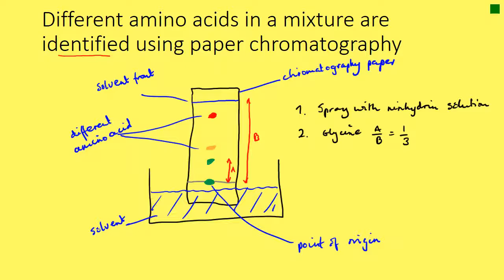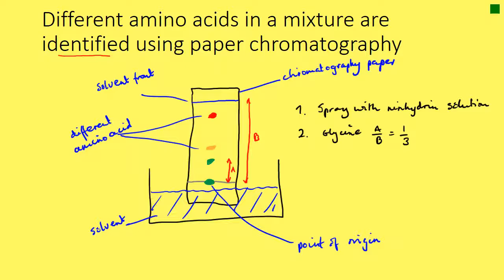So some amino acids are pretty sticky, and they stick to the paper, and they travel up the paper slowly. And other amino acids are less sticky. They have less friction with the paper, and so the solvent carries them up more quickly.